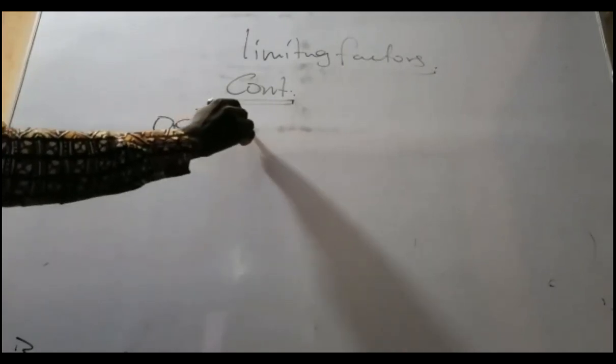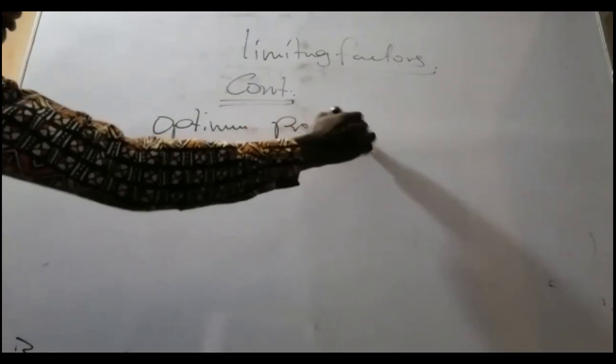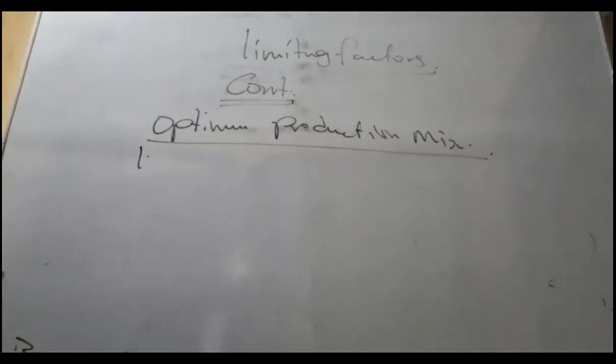So determine the optimum production mix. So under throughput, what are the steps? We said there are 5 steps.